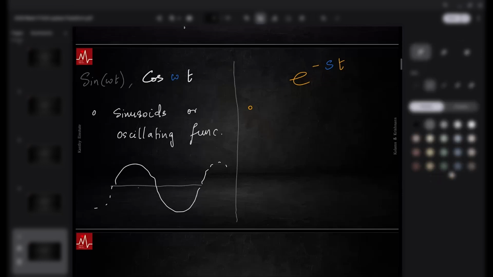Here s is complex. Point number one: this is complex.